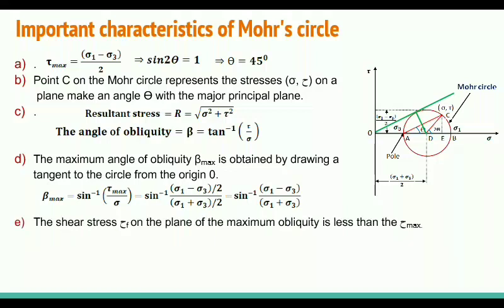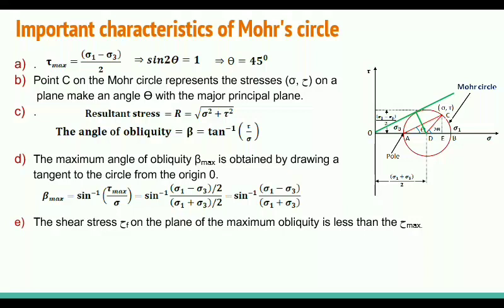So we can calculate beta max as sin inverse of tau max divided by sigma, where tau max is sigma 1 minus sigma 3 by 2, and sigma is sigma 1 plus sigma 3 by 2, because point D is the center, whose coordinate is sigma 1 plus sigma 3 by 2. Don't be confused; you can try it and you will get this result.